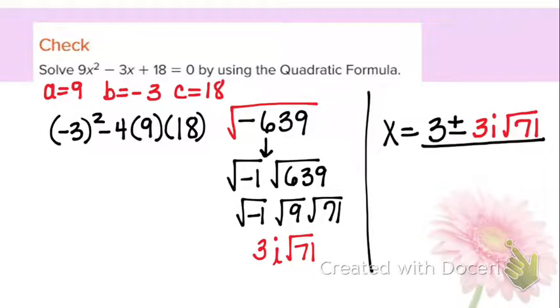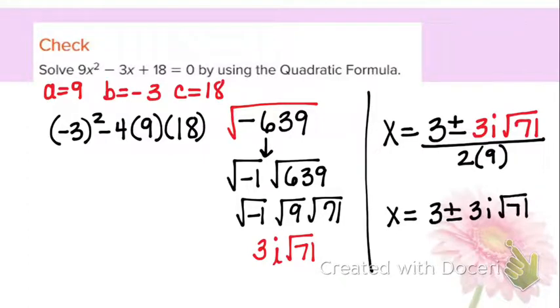And that's divided by 2 times 9. So x equals 3 plus or minus 3i root 71 all over 18. So again, that would be perfectly fine. I would give full credit for that answer, but technically, this can be reduced.